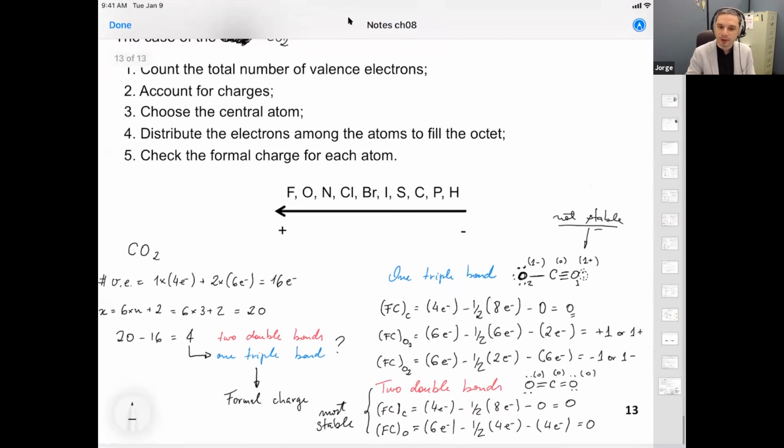The octet rule is very, very useful, but sometimes it offers you two options and you have to decide between the two, and sometimes it fails. And using the formal charge calculation will tell us if the structure is stable or not.